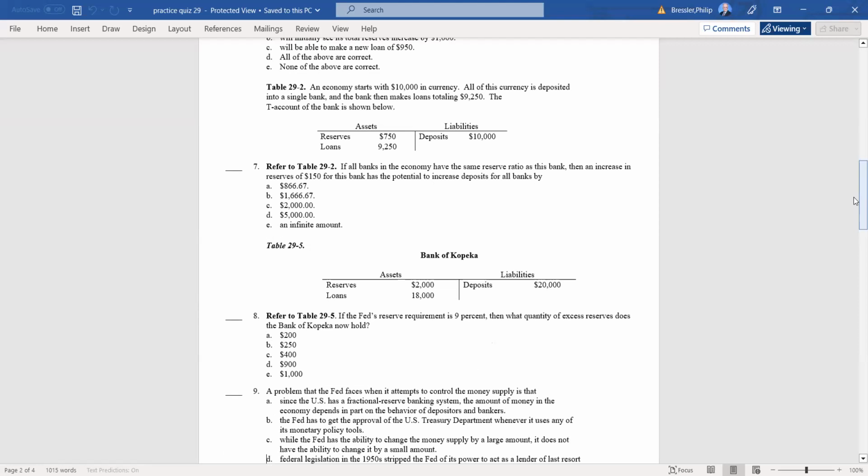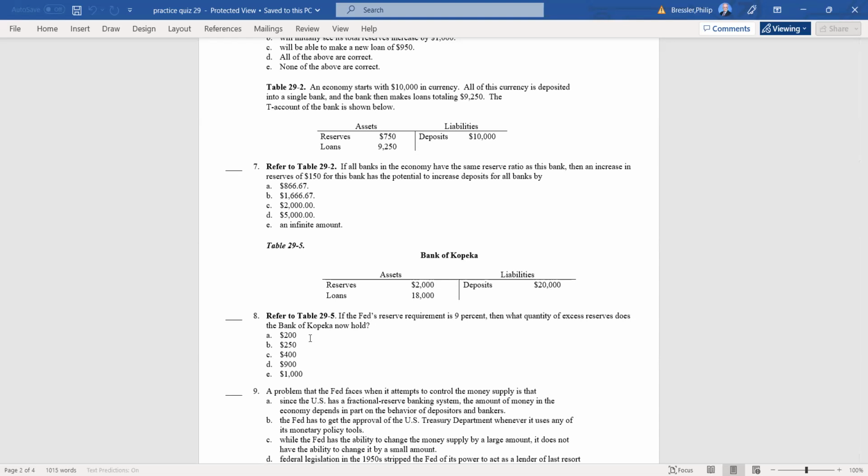All right. Number 9 might be a little similar. Here you would take the reserve requirement, which is 9%, and multiply the 20,000 by 0.09. That would give you 1,800 that have to be in required reserves. 2,000 minus 1,800 gives you 200 in excess reserves.